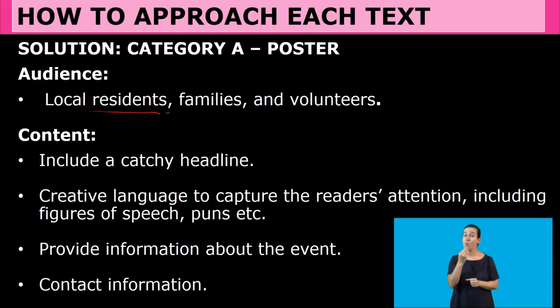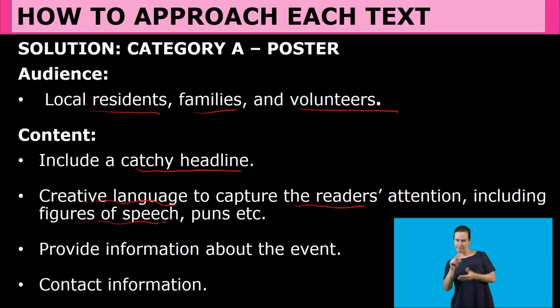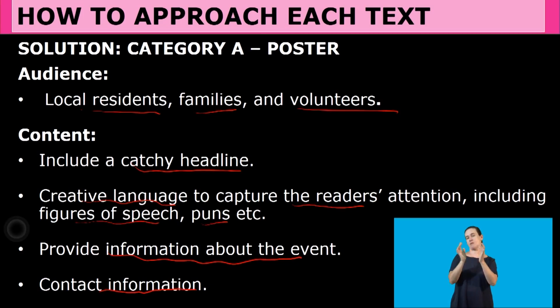The audience for this poster would be local residents, families, and volunteers. Content might include some of the following: a catchy headline, creative language to capture the reader's attention, including figures of speech, puns, etc. Provide information about the event and always provide contact information.